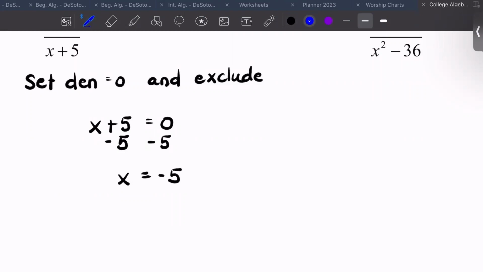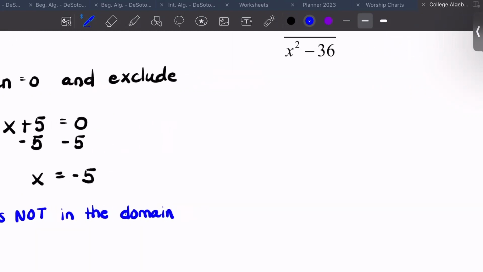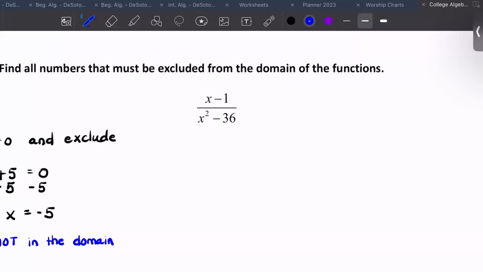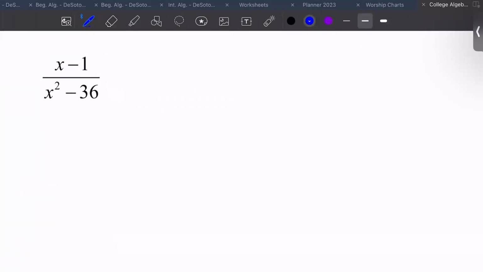So -5 is not in our domain. Let's look at this one. Again, we're just going to set our denominator equal to 0 and exclude.